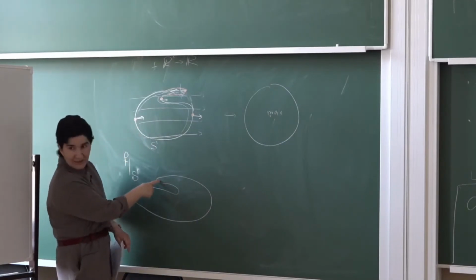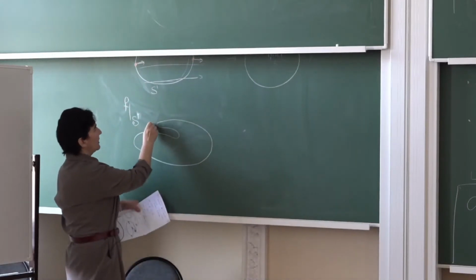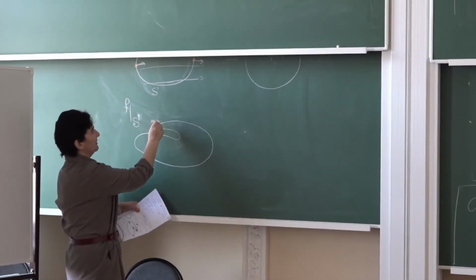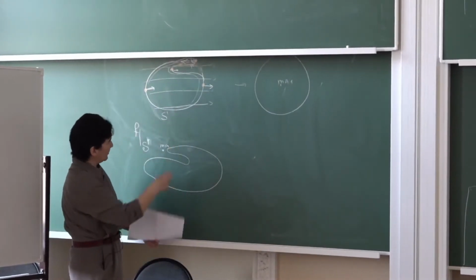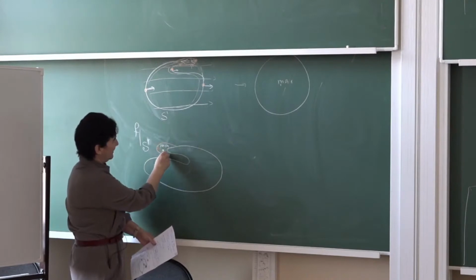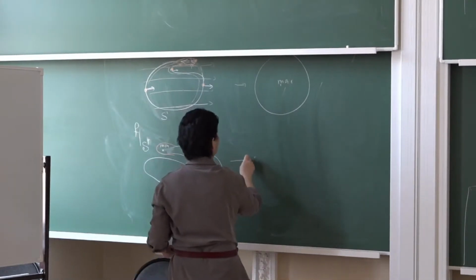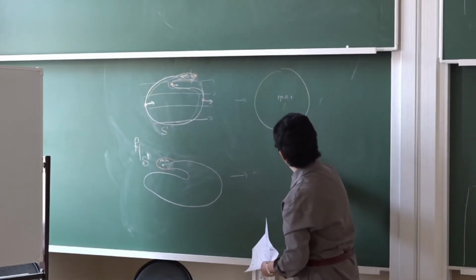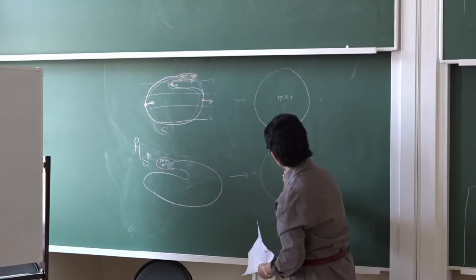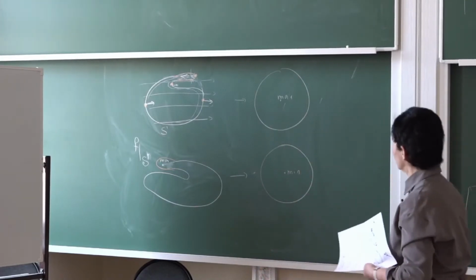So I create the nose this way, and I put a minimum point here, and similarly to this construction, I can pull this nose this way. And then I create a different function, which is extendable to a function with a minimum in the center.